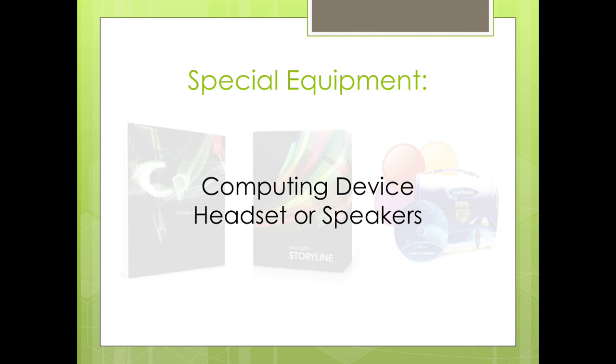When it comes to special equipment, other than a computing device, whether it be a notebook, a desktop, or a handheld device, it appears that as long as the instructors or the instructional designers publish their content in a way that's suitable for the equipment you have, then it should be fine. You may want a headset or speakers depending on whether or not there's any audio in the content.